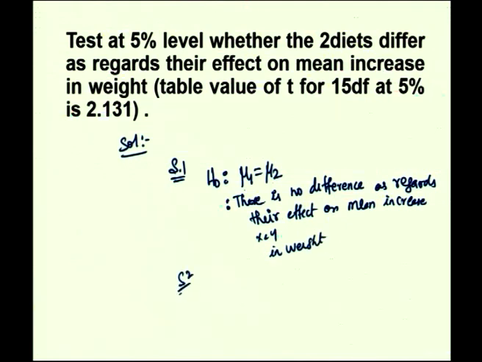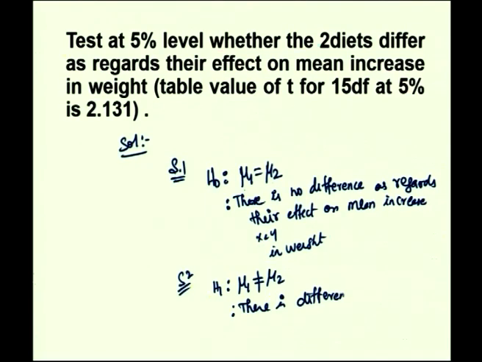And step 2 is H1, mu 1 not equal to mu 2, because both diets increase the weight. So, we cannot exactly say diet X increases the weight more than Y; it is not a comparison between X and Y. Generally, diet X and diet Y both increase the weight of the cow.